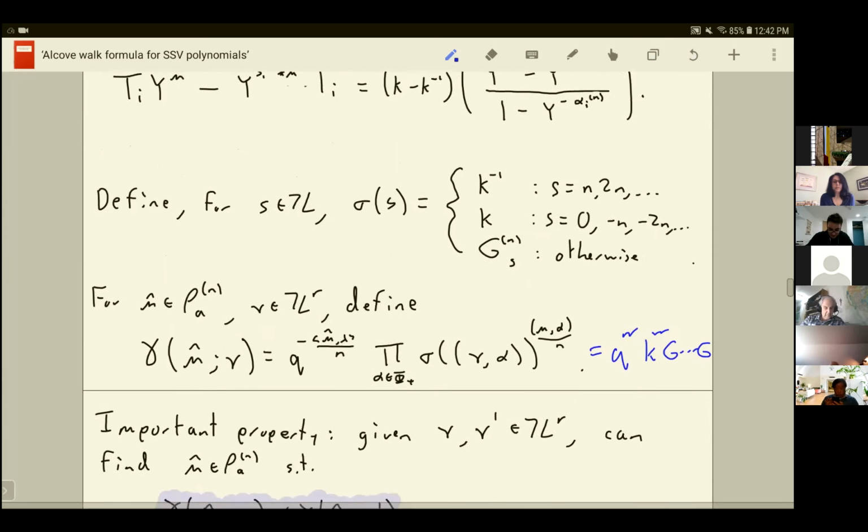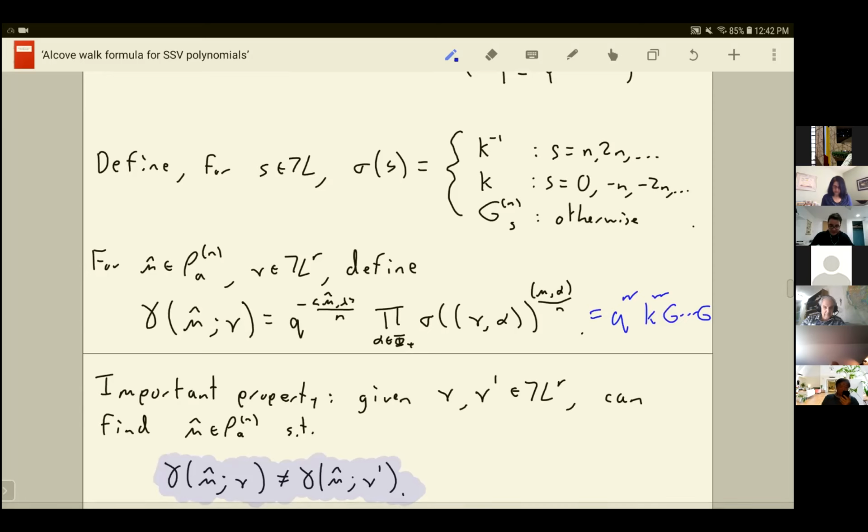And second, the real property that matters about these gammas is that if I have two nus, like nu and nu prime, I can tell them apart by using mu. And the only reason I care about this is that these are going to be eigenvalues of the Y operators. It turns out that the Y operators are again going to be diagonalizable.